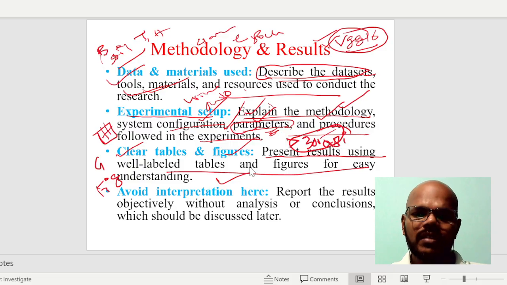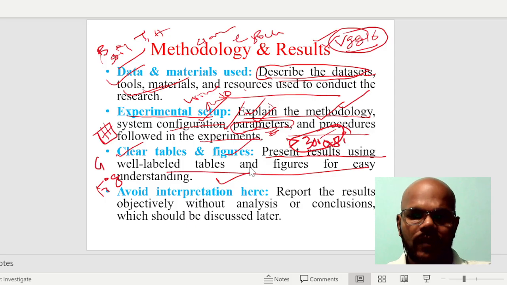Save the image at a minimum of 300 dpi, above 300, so the clarity will be good and you can directly import the image into your research article. You may have a doubt: sir, if I don't do this, what will happen? Your paper may still get accepted, but at the end of the publication side, the publisher will not publish it unless the image quality improves. So it is better to use above 300 dpi before submitting to the journal.